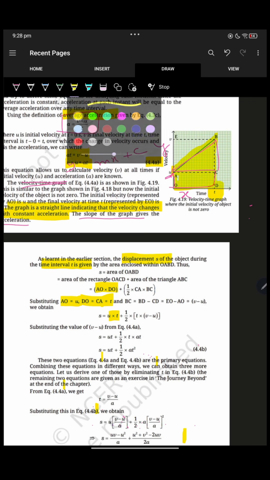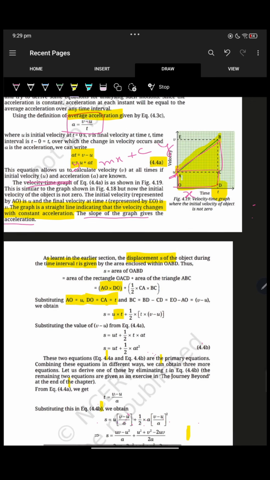Now over here CA is equal to T, and BC is equal to this part. BC is equal to EA. Now if the total part is V, then EA should be V minus U.